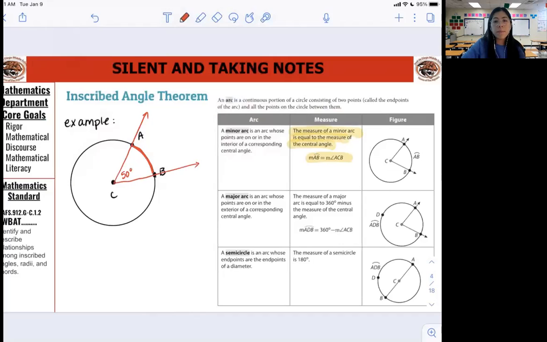Remember what I just said, the measure of the arc is equal to the measure of the central angle. So if angle ACB equals 50 degrees, that means arc AB, this is the sign for arc, is also 50 degrees. That example is the most important part. I know there's a lot on this page and you can read through it as a review, but the most important part is that the arc measurement is equal to the central angle. So go ahead and write down the example.